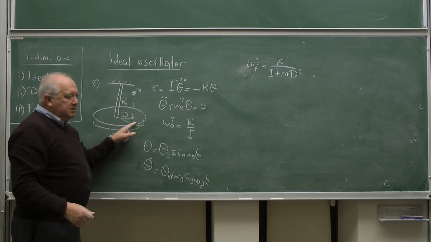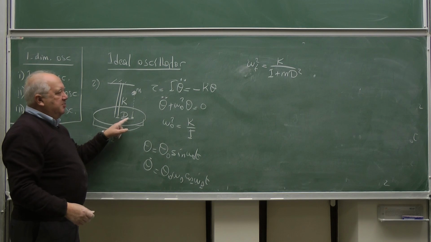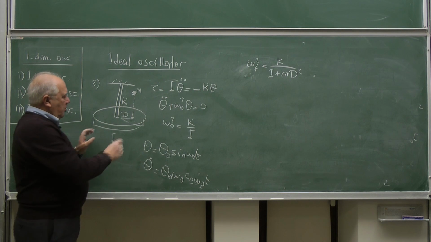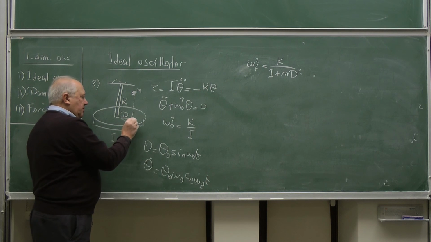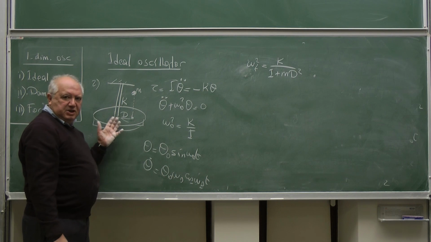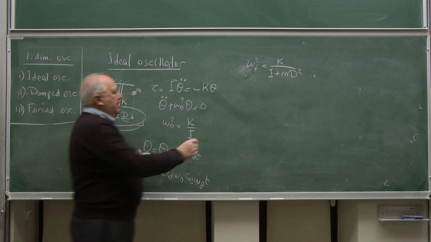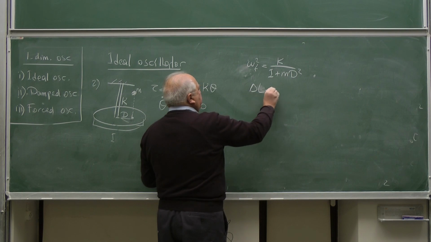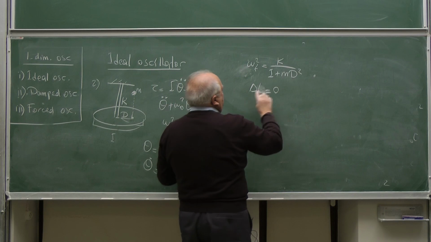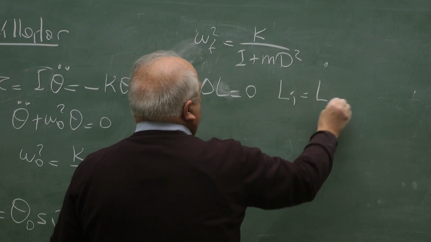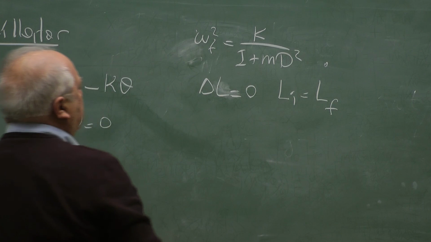This is a collision, and it happens very fast, and it's a completely inelastic collision. It sticks onto the disk, and angular momentum does not change before and after. So the change in the angular momentum about the z-axis is 0.